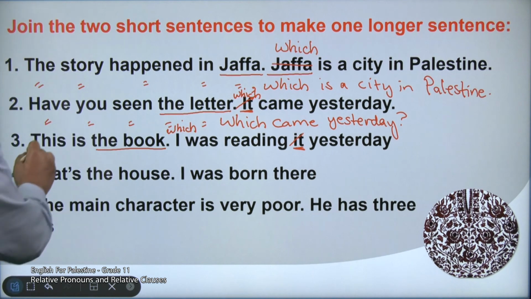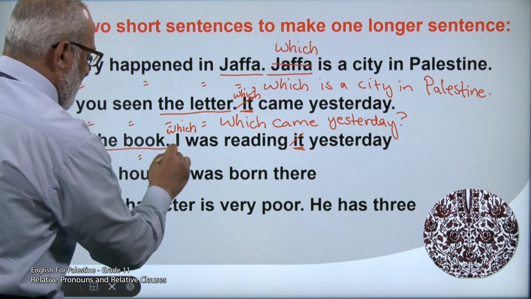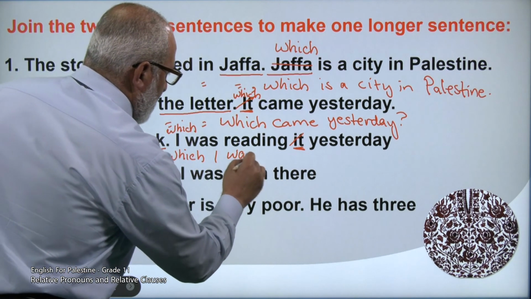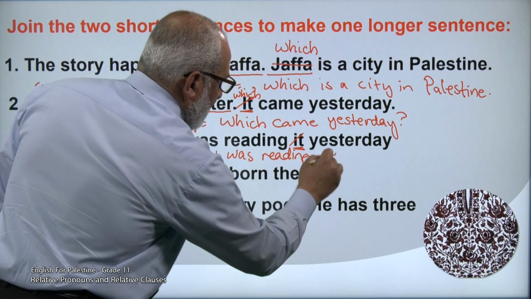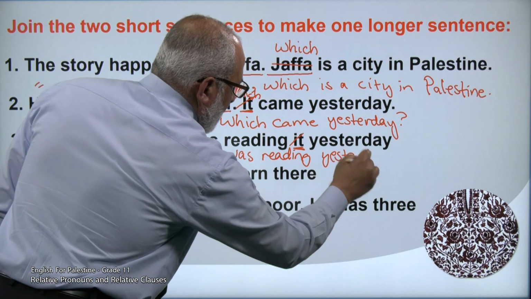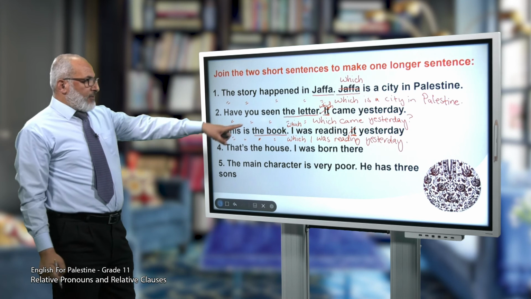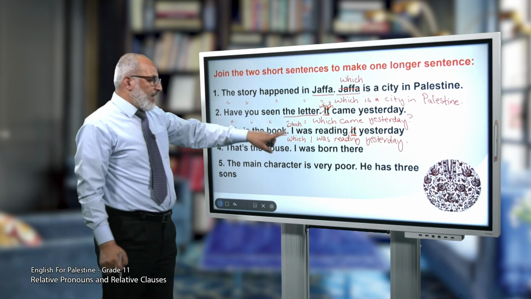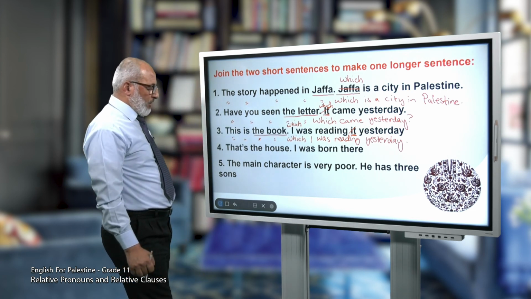So it becomes, this is the book which I was reading yesterday. Okay, good. Is it defining or non-defining? Yes, it's defining because it adds important information about the book.